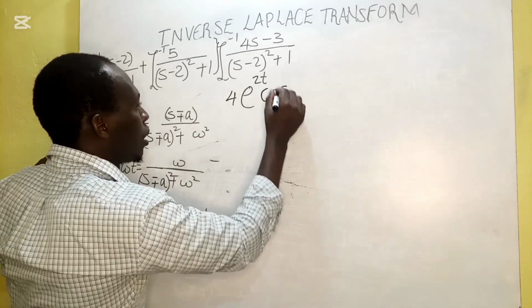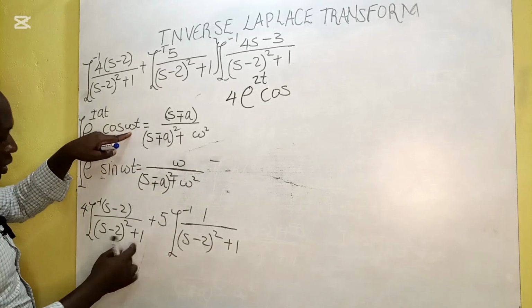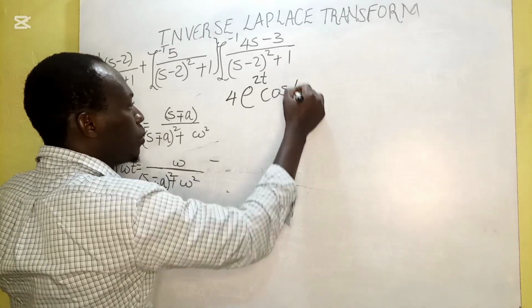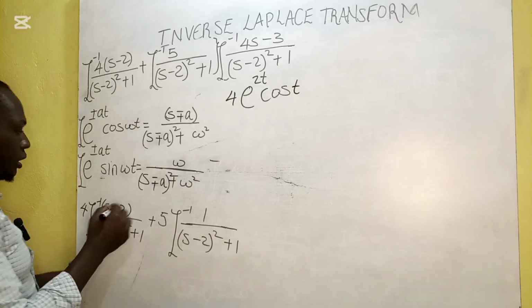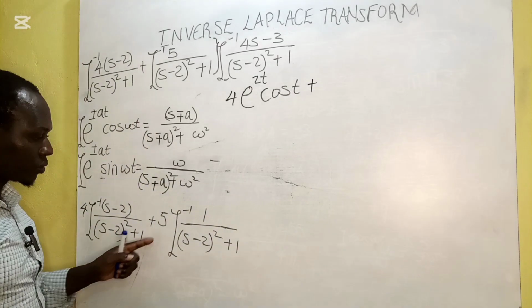Cos our angle squared here, we say that it is now going to be 1, which is going to be equals to t.